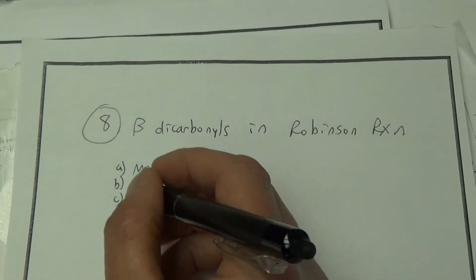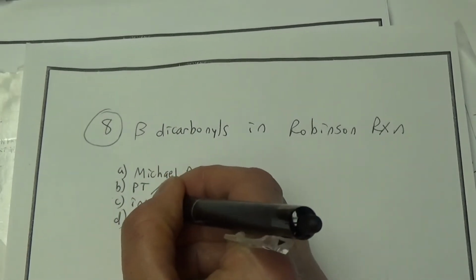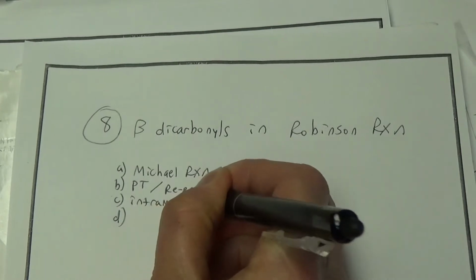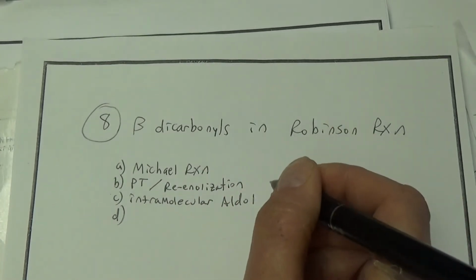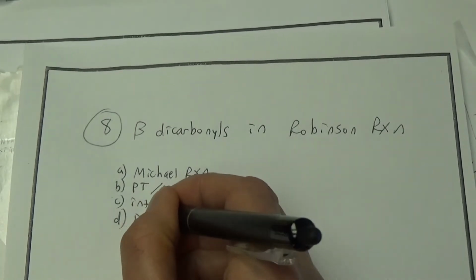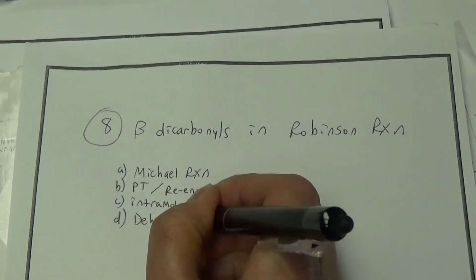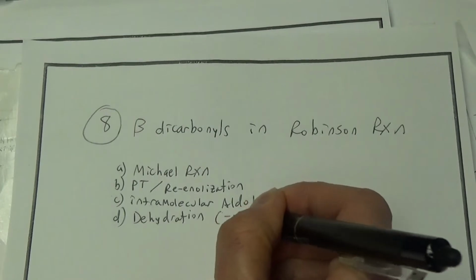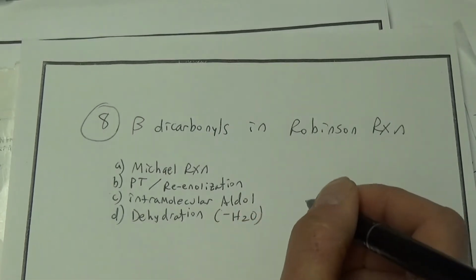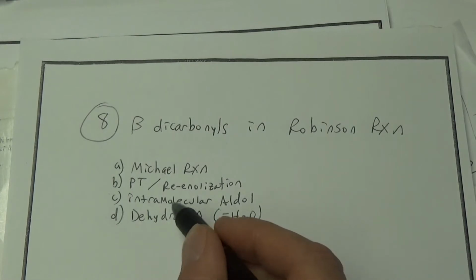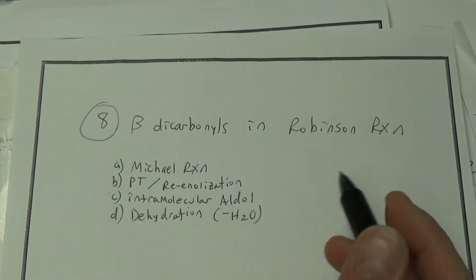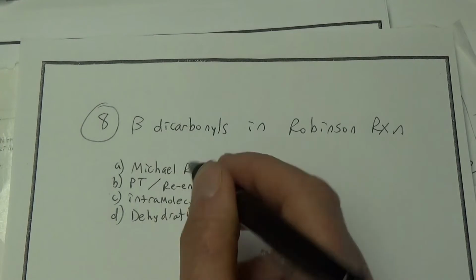And then step C was an intramolecular aldol, which is just an aldol within the same molecule. And then step D was dehydration, or you could say minus H2O. Dehydration. Okay. And remember that dehydration is always kind of like the last step of an aldol, because you always do aldol and then you always dehydrate and lose the water. But knowing these 4 steps, it's nice.